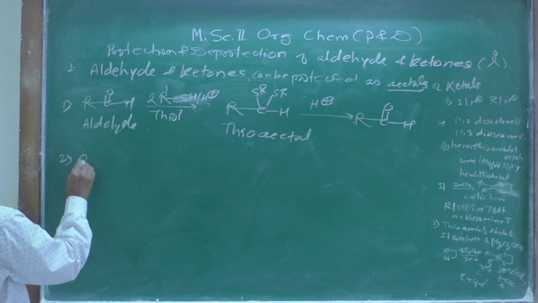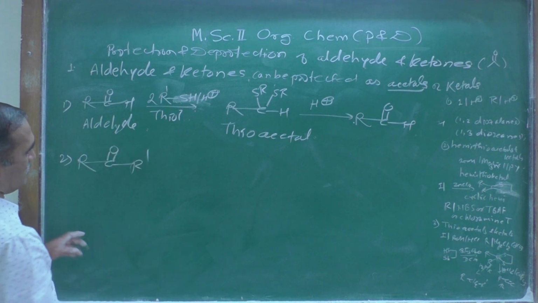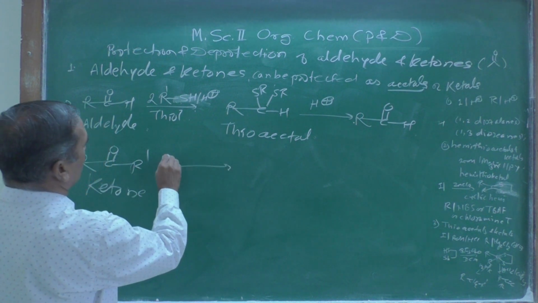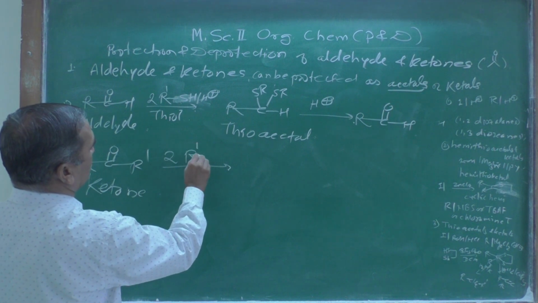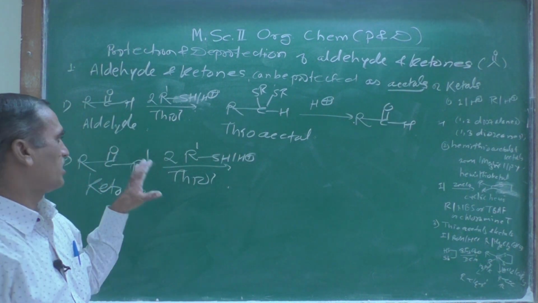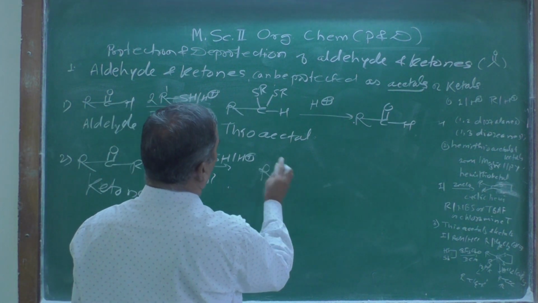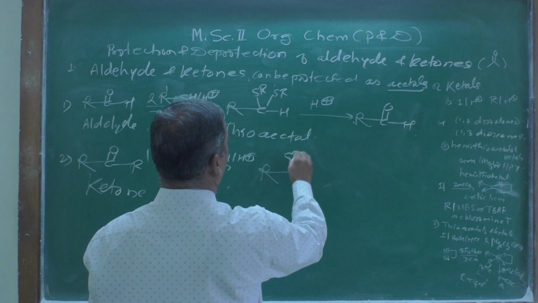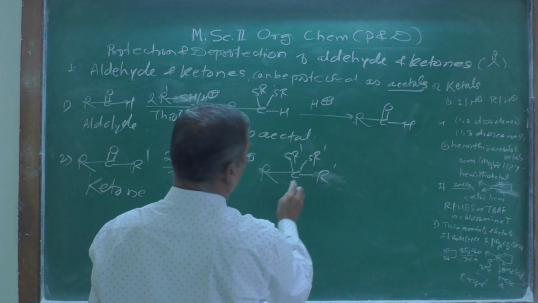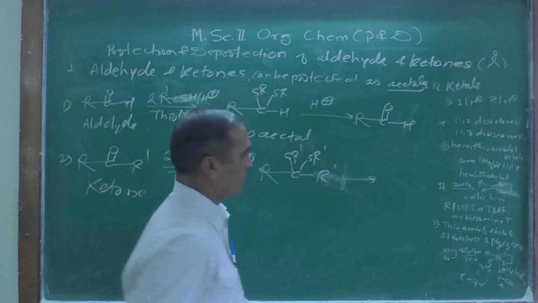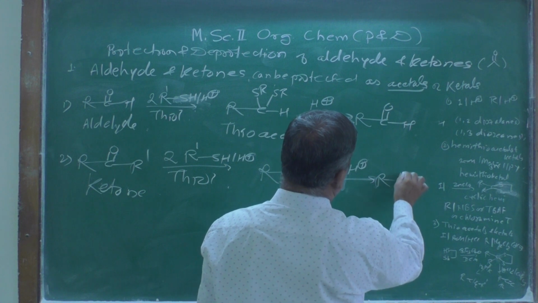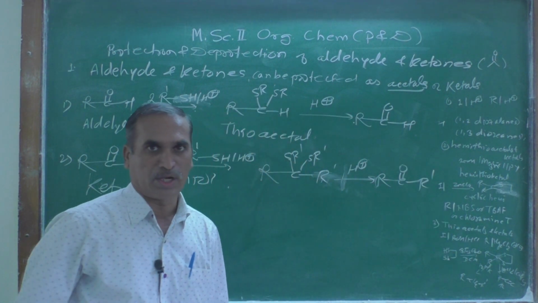Second, if you have another one, RC double bond O R', that is a ketone, and this ketone is further treated with 2 moles of R' thiols in the presence of H plus, this is called a thiol again, open chain, and therefore you are going to get R C SR', SR', with an R', and the deprotection can be carried out under acidic condition, and you are going to get R C double bond O R', which is the ketone as it is.